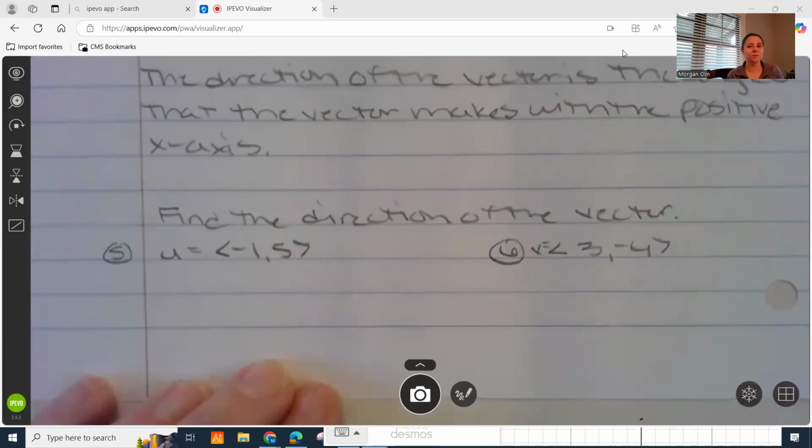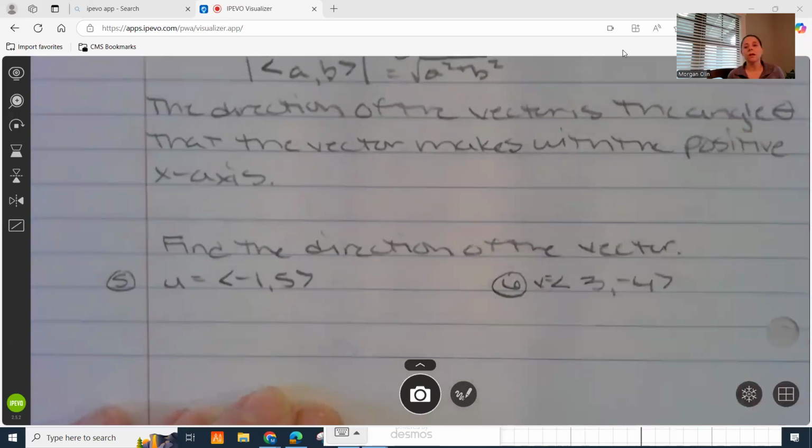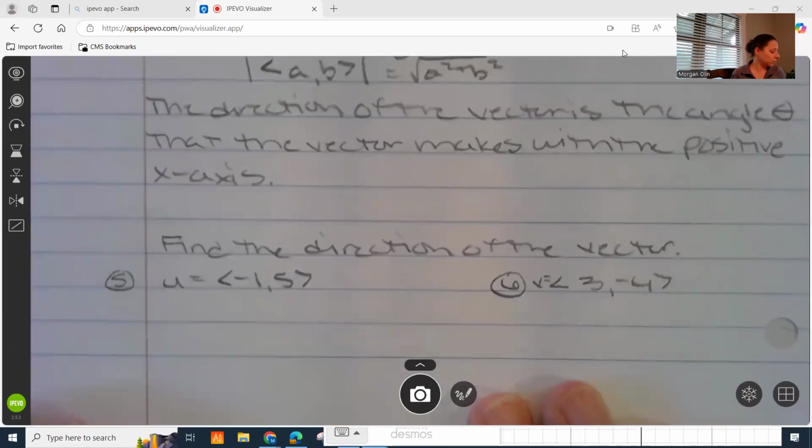Also, just for this unit, now in calculus we always keep everything in radians, but we're reviewing vectors. So remember to change your calculator to degrees, but then change it back to radians for the remainder, because anything we do calculus-wise will be with radians.